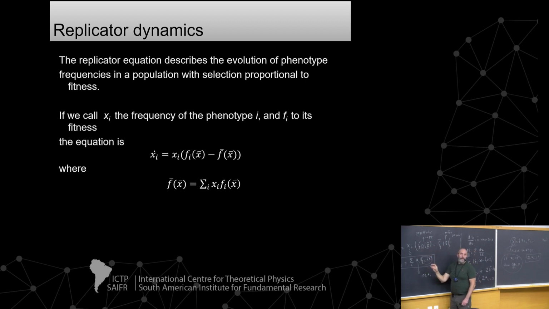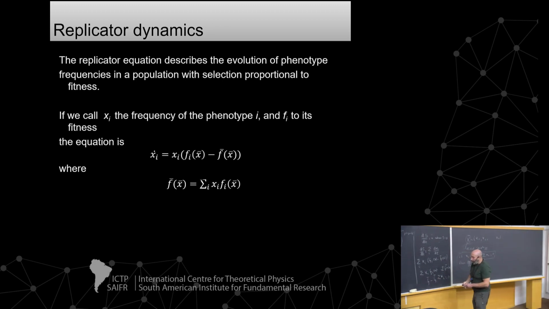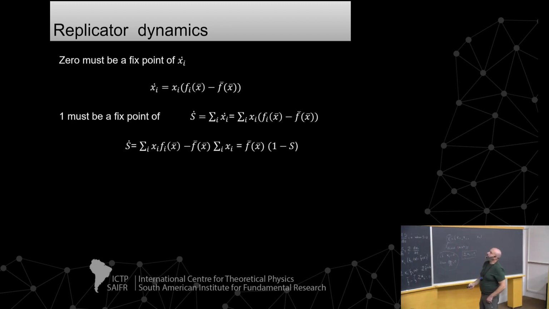So strategies with a payoff higher than the mean value will increase, and strategies whose payoff is less than the mean value will decrease. So that's the idea of the replicator. Well, this is what I have been showing you, that 0 must be a fixed point, and 1 must be a fixed point. We have already shown these two things.